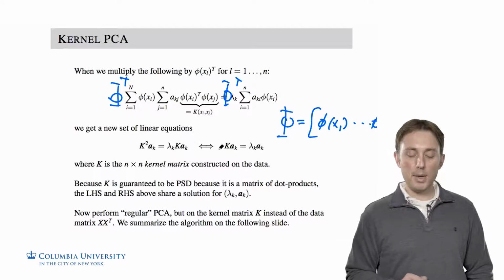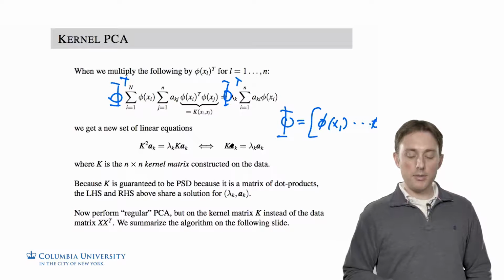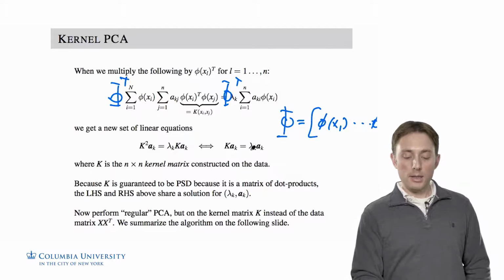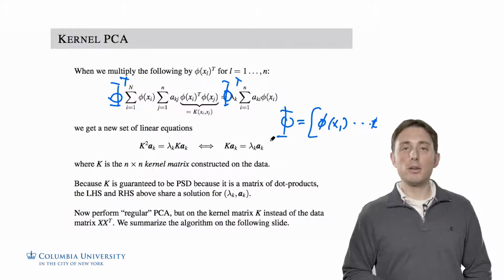Notice that we're taking the matrix kernel K now. It's n by n, and it's that kernel times the vector AK is equal to the eigenvalue lambda k times the same vector AK.